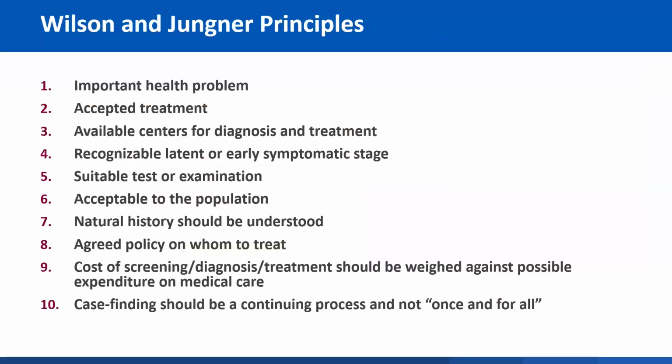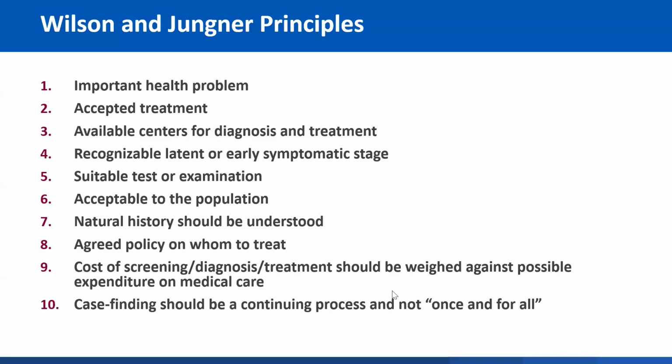Next slide. One highlight of the paper is known as the Wilson and Younger criteria, a set of 10 components that should be met in a population screening program. In the interest of time, I won't go through all of them, but I have highlighted a couple.